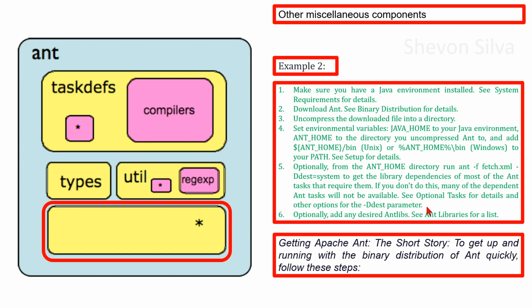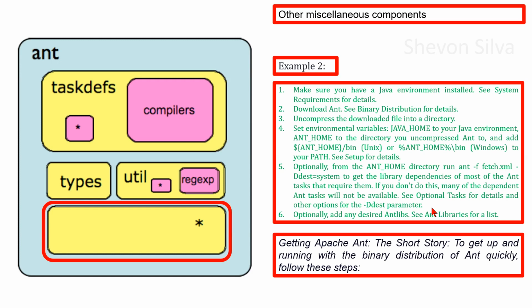And step 5, optionally from the ANT_HOME directory run ant -f fetch.xml -Ddest=system to get the library dependencies of most of the Ant tasks that require them.